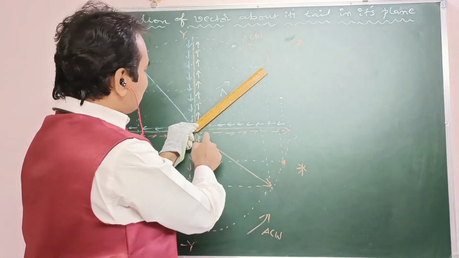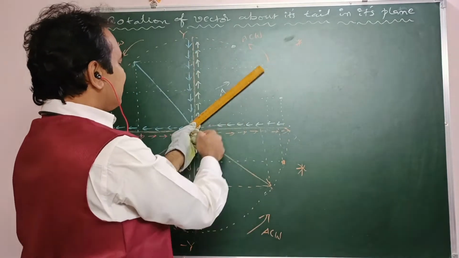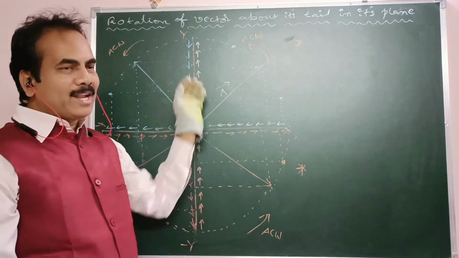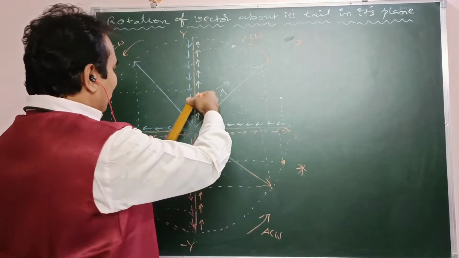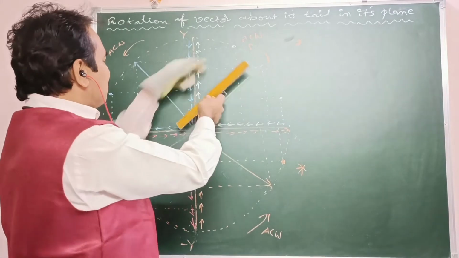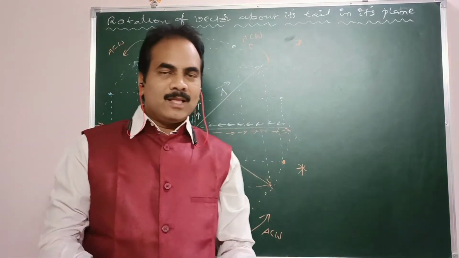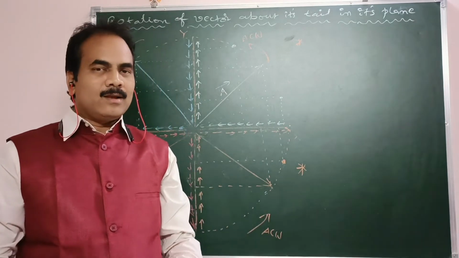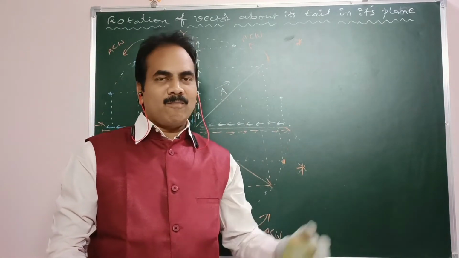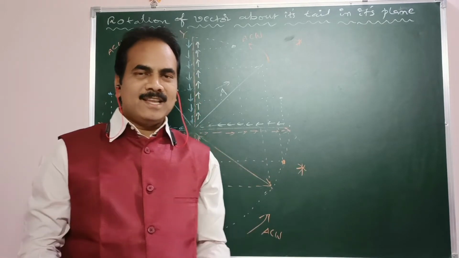What about components? Initially this is the x component, this is the y component. Again same components. Means as far as complete rotation, whether it is one rotation, otherwise 2 rotations, otherwise 3 rotations, for any number of complete rotations, there is no change in total magnitude of vector. There is no change in any component of vector. There is no change in direction.